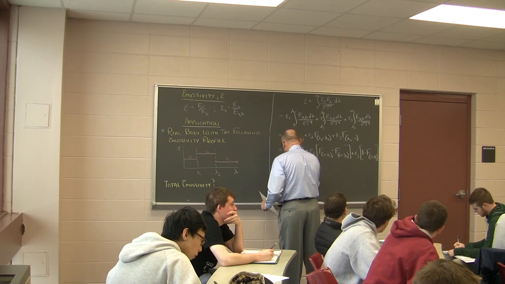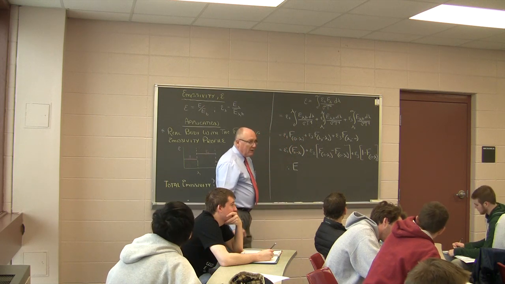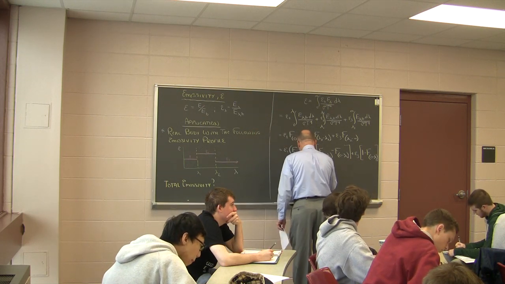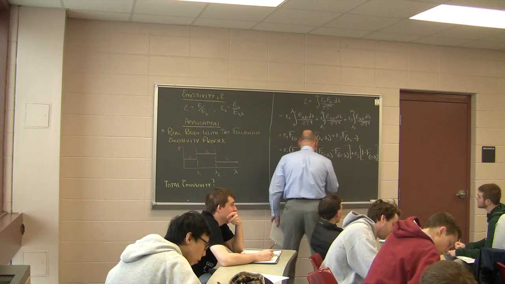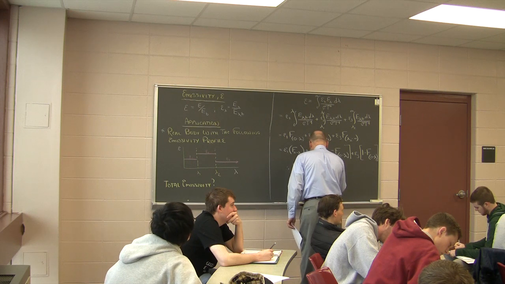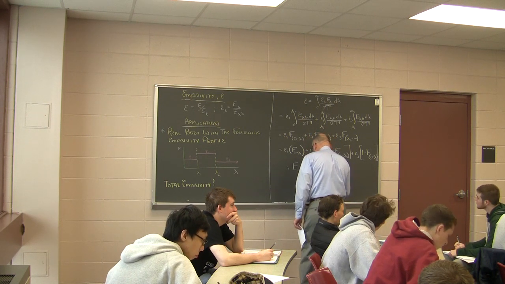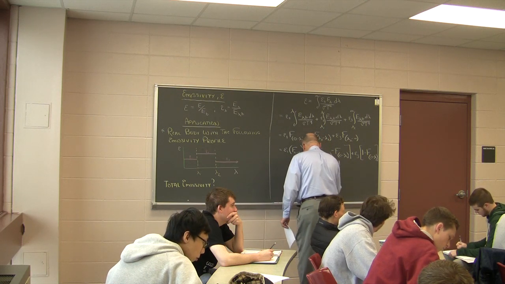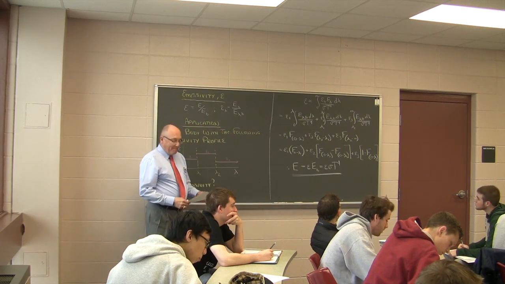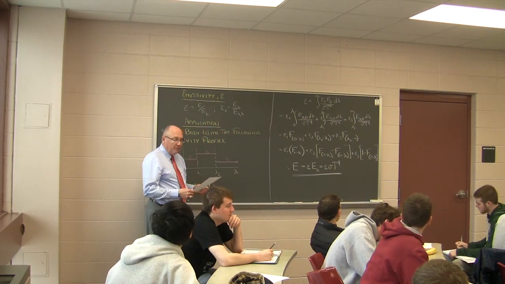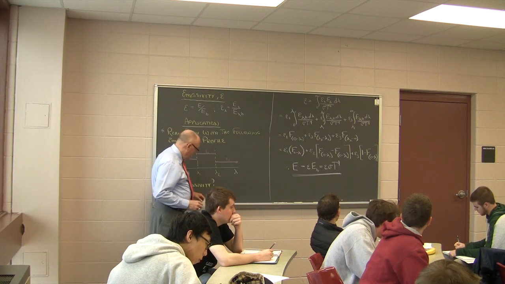And then the total emissive power, E, is going to be equal to this averaged emissivity, which we just solved for, times E B. All right, and that's how you do it. Any questions? All right.